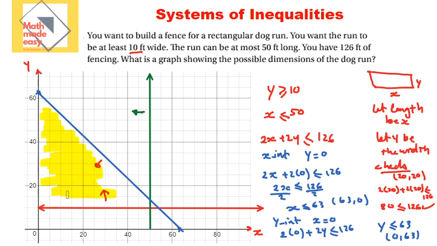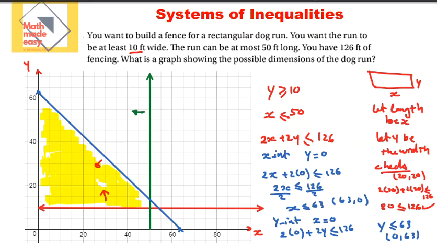Now, this region here shows you all possible dimensions that you could get for your dog run. Any point in that region is a solution. If you choose a point here, let's say this one, this is (20, 25).